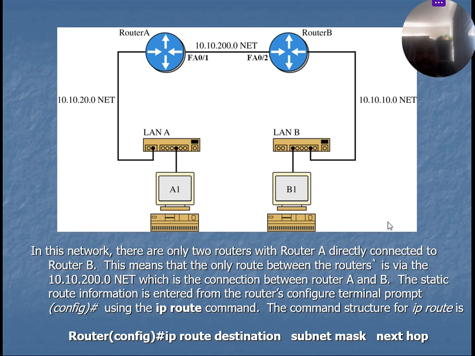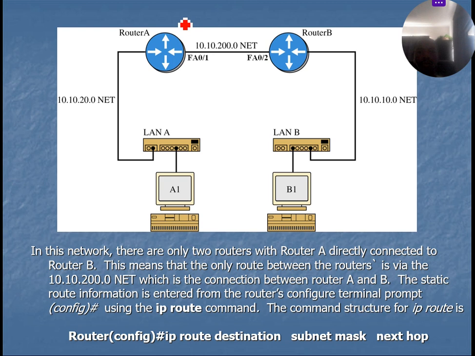Router A is directly connected to router B, as you can see, with a physical communication link. What this means is that the only route between router A and router B is via this IP subnet 10.10.200.0, because we've simplified it.